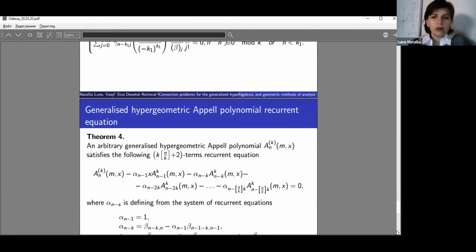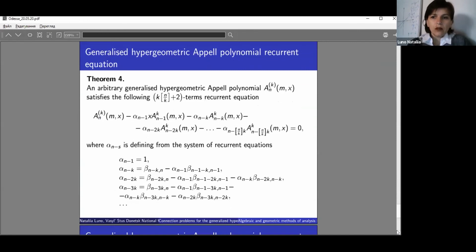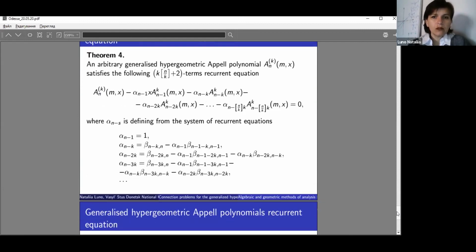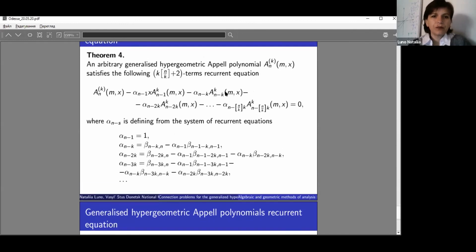Using the same straightforward approach, which deals with the generating or transfer function, which is the same, we also derived the recurrent equations for an arbitrary generalized hypergeometric polynomial family, and this result is new.